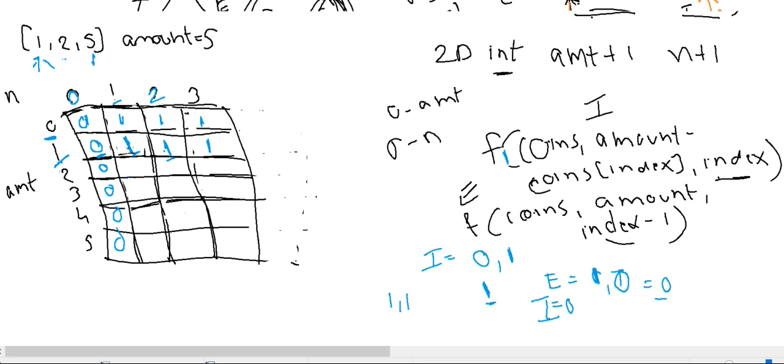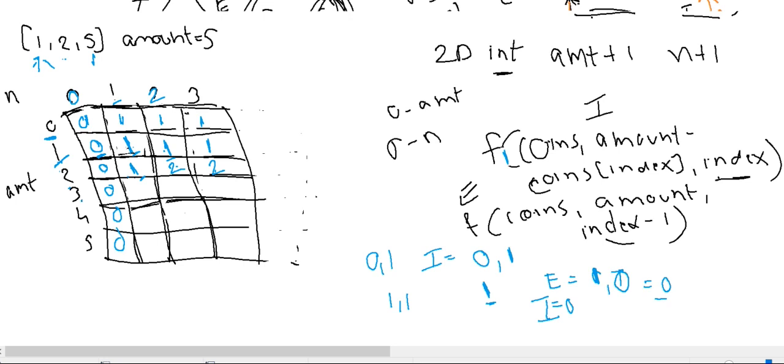So 1 plus 0 is 1 for this one. 2 minus 2 is 0, so I'm going to look at 0, 1. 0, 1 is 1, so 1 plus 1, here it's 2. And here, 2 minus 5 because index 3 is 5, so that is negative. Include is 0 and exclude is 2. 0 plus 2 is 2, right?